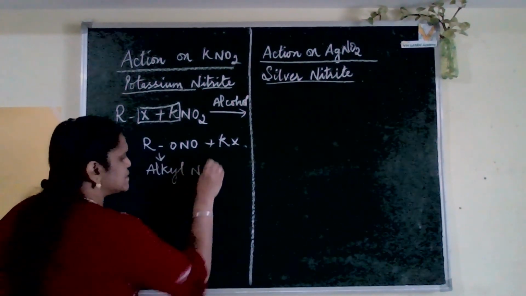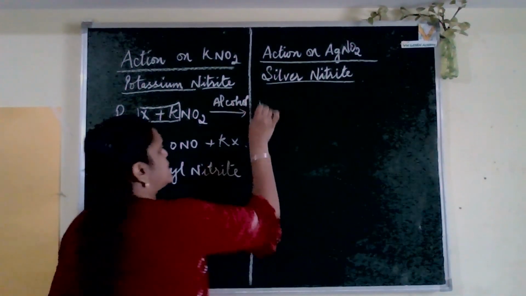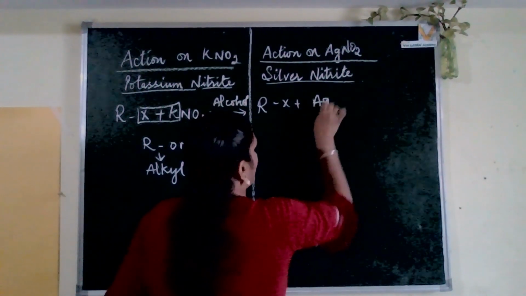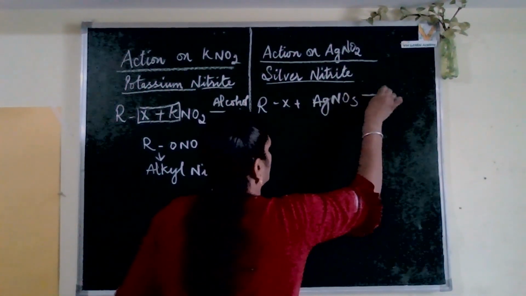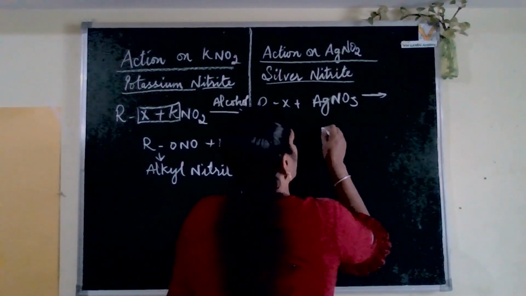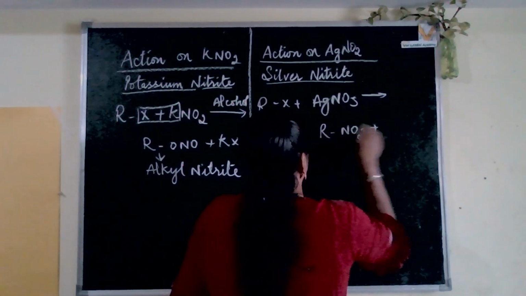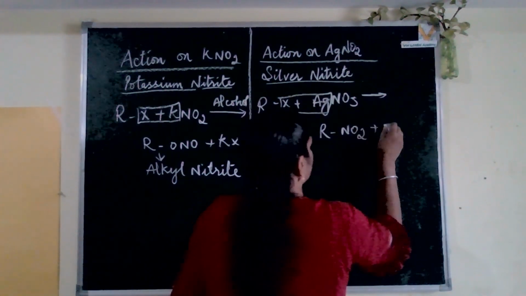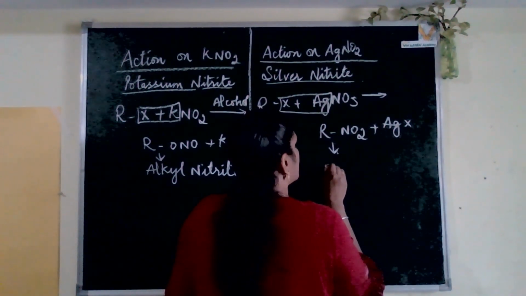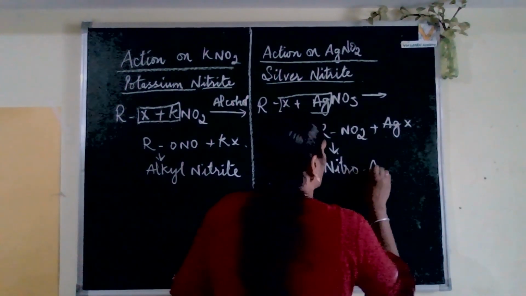Alkyl nitrite. Alkyl nitrite. Whereas here, the same RX combined with AgNO2, what do you get? Can you guess? RNO2, and here AgX. Now what is this? Nitroalkane. Nitroalkane.